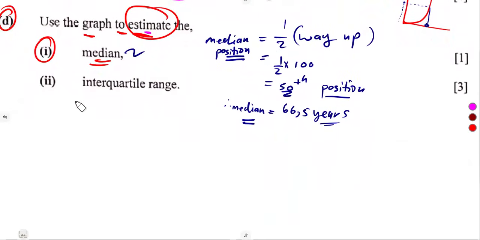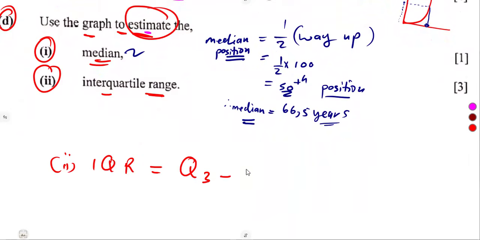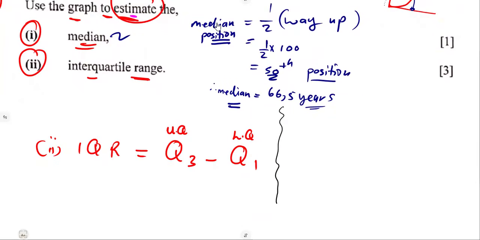Then the other question was the interquartile range. The interquartile range is given by the upper quartile minus the lower quartile, remember. So you must work with the upper quartile minus the lower quartile, which can be obtained the same way we did on the median.